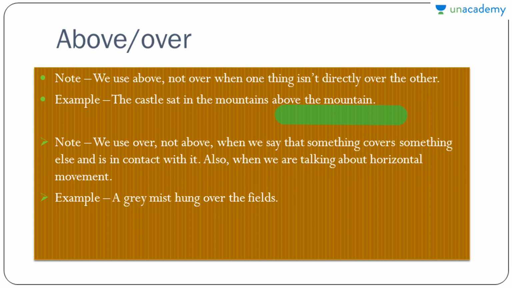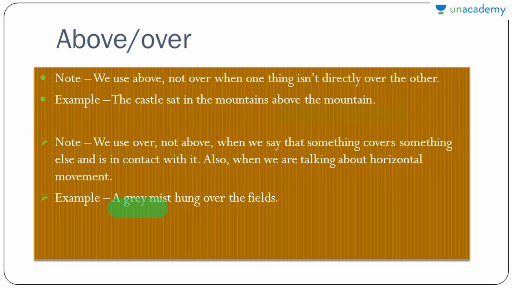So the t-shirt is actually covering the bed sheet where it is lying, and it is in contact with it. We are not going to say that I placed my t-shirt above the bed sheet, because above means that there is some distance between those two things, and there cannot be distance between them, because it's not possible. So that is why we use over in that case.